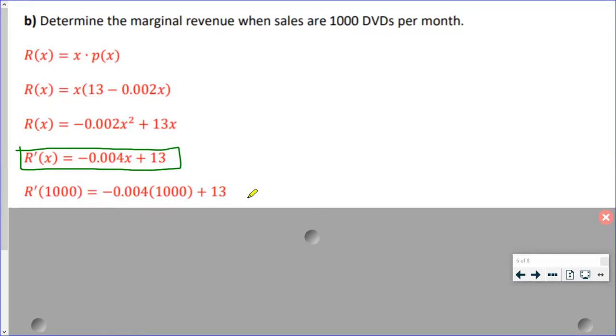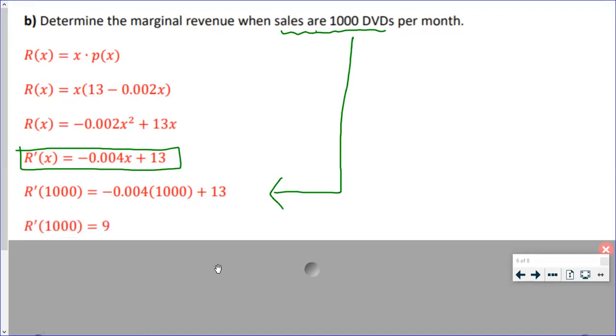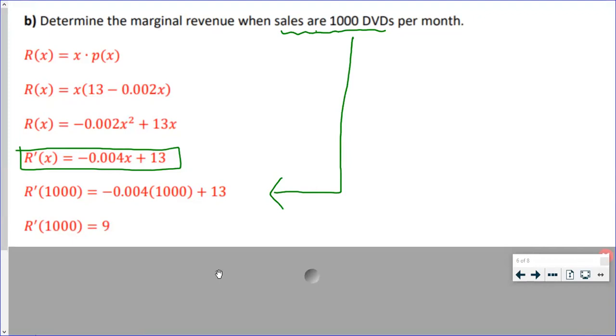Because the question is asking when sales are 1,000 DVDs per month, if I substitute 1,000 into my marginal revenue function, I get an instantaneous rate of change of 9.